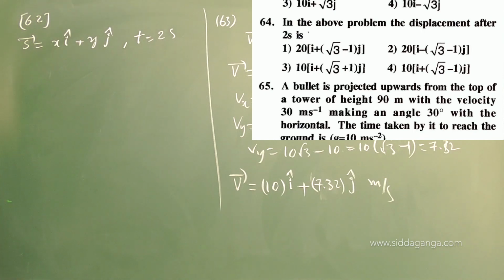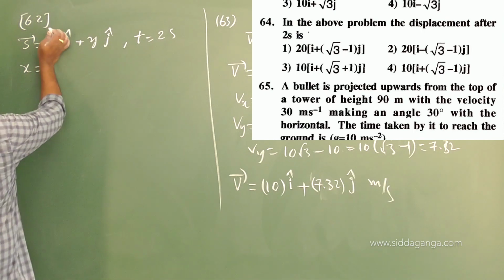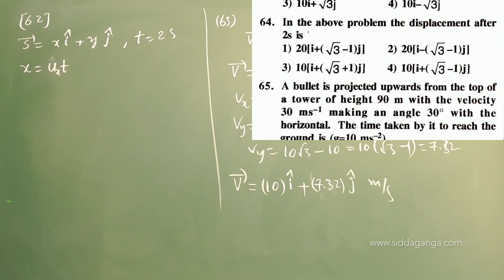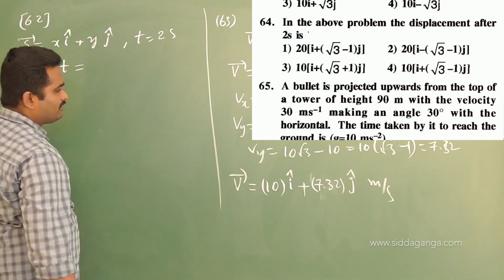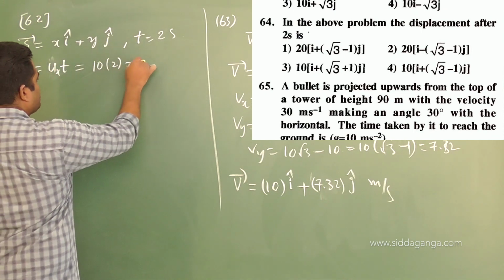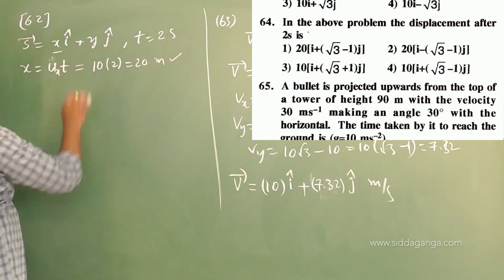Okay, so how to find x? ux into t plus half ax into t square. Half ax into t square, ax is 0, that's why x equals ux into t, you know, in a plane. What is the value of ux we got earlier? We have written 10, into t which is 2, that's why x is 20 meters. We got one value here, x.